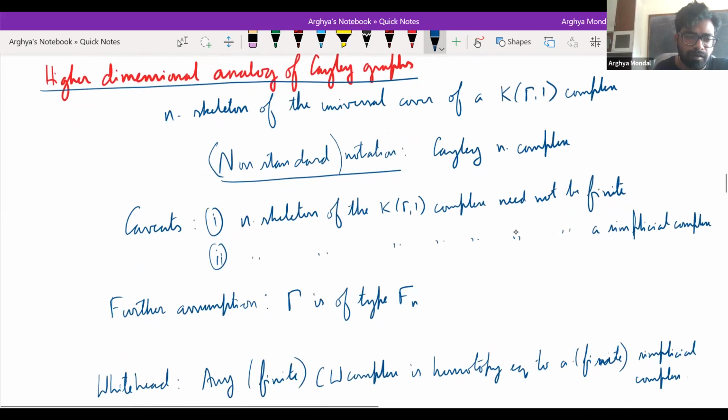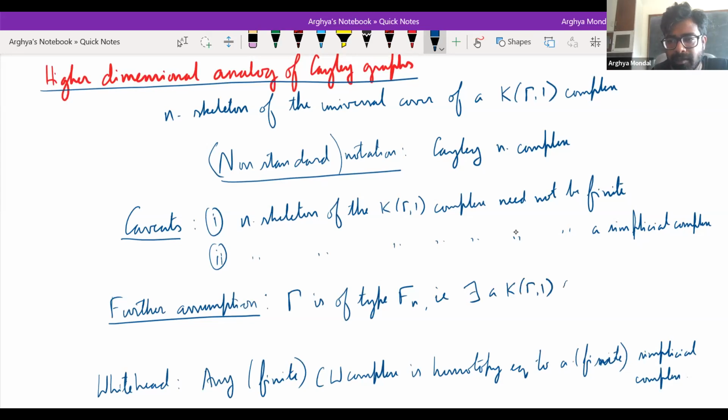So for the first one, I just forcefully make it finite. So I only consider groups of type F n, that is, there exists a K(gamma, 1) complex with finite n-skeleton.